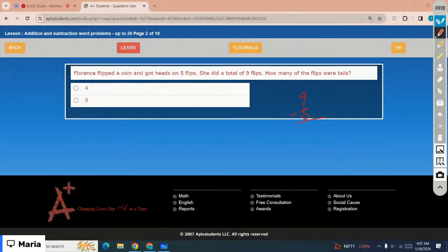So which is the correct option you have to do? 9 take away 5, that is 4. The correct option is 4. That means 4 times the coin landed on tails.